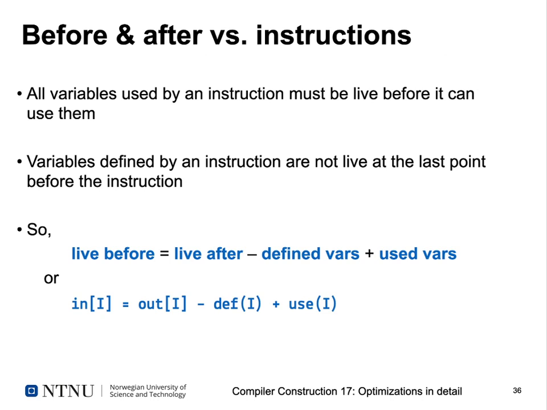From this set, we remove the variables that are defined by the instruction, and we add the variables that are used by the instruction. Or, in a shorter form, the set in of an instruction I equals the set out of an instruction I, from which we remove the variables defined in this instruction I, and we add to this inset the set of variables that are used by this instruction.